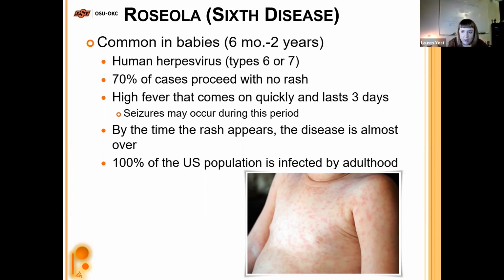That high fever can lead to seizures. By the time the rash appears, the disease is almost over, and typically 100% of the US population will be affected by adulthood, having had roseola, and you didn't even know. Your mom just thought you had a little bit of a fever for a couple days, and that was it.